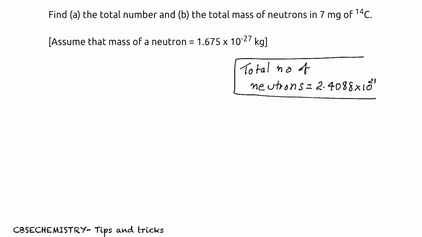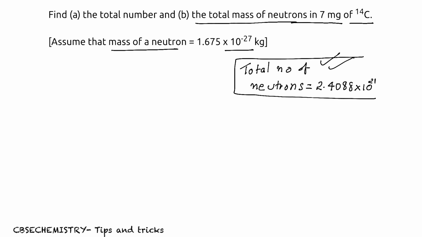Now, what is the next task? We have to find total mass of the neutrons in 7 milligram of carbon 14, right? We already know number of neutrons. What is that? 2.4088 into 10 raised to 21. Now mass of one neutron, we know it. What is that? 1.675 into 10 raised to minus 27 kilogram. It is given in the question.